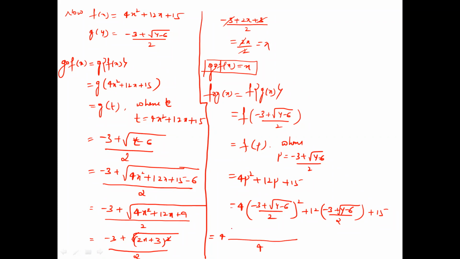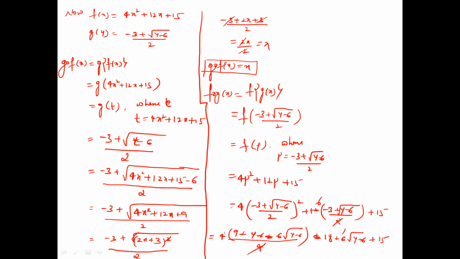Consider (a minus b) square: a value is minus 3, b value is this entire square root. a square means minus 3 square, that is 9, plus b square, that is y minus 6, plus 2ab, that is minus 6 root of y minus 6. Then 12 times: 2 times 1, 2 times 6, 6 into 3 into minus, that is minus 18, plus 6 root of y minus 6, plus 15.